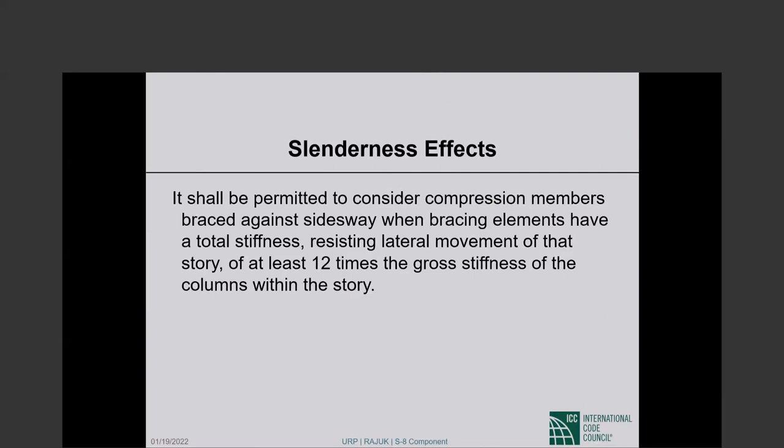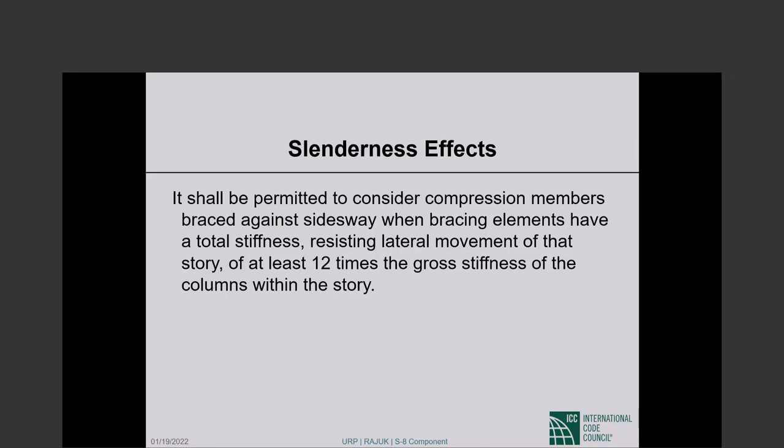It shall be permitted to consider compression members braced against side sway when bracing elements, typically shear walls in concrete buildings, have a total stiffness resisting lateral movement of that story of at least 12 times the gross stiffness of the columns within the story.